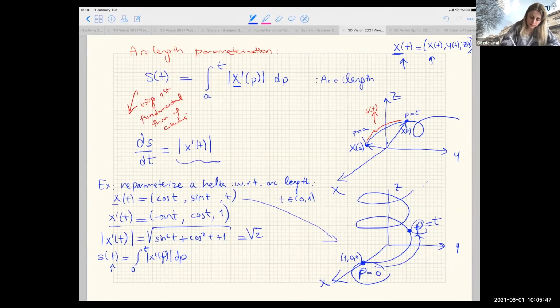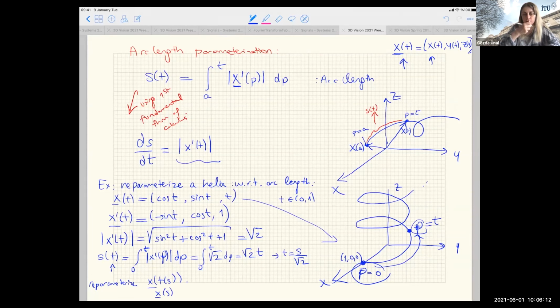So now the integral from 0 to t of square root 2 dp. This is really square root 2 times t. So from here, t is really s over square root 2. I need to just reparameterize, guys. Reparameterize meaning insert, of course. Now this is calculus. x of t of s, and in the end this will become, of course, x of s.